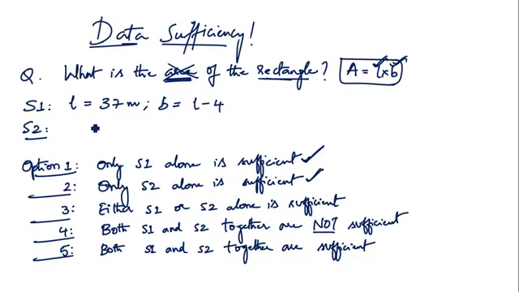Statement 2 says that the sum of the length and the breadth of the rectangle is 70. And then it gives another equation in terms of length and breadth: the ratio of length to breadth is equal to 37:33. Let's say this is the data.